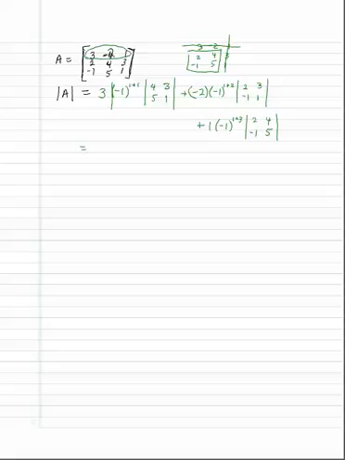So I'm going to get 3 times positive 1, then I'm going to get negative 2 times negative 1, and then 1 times positive 1. I guess I should multiply these as I go.